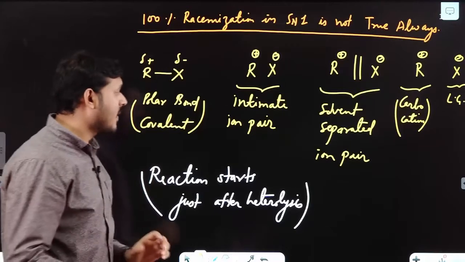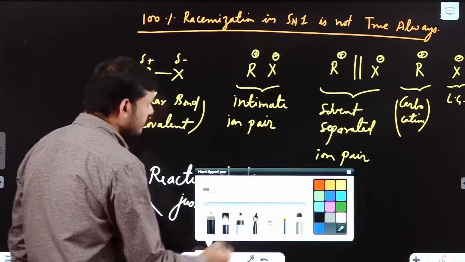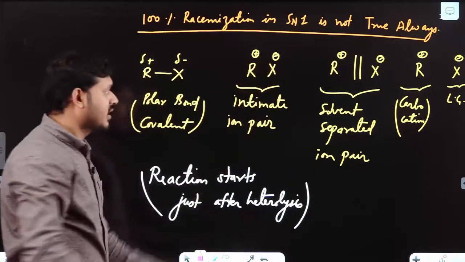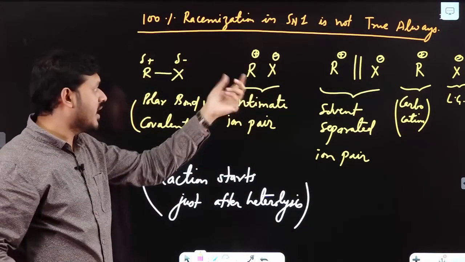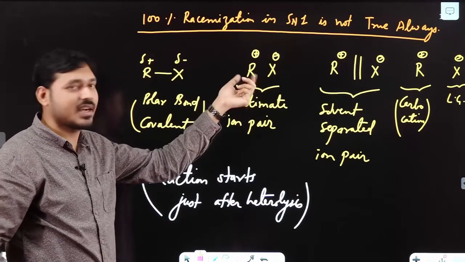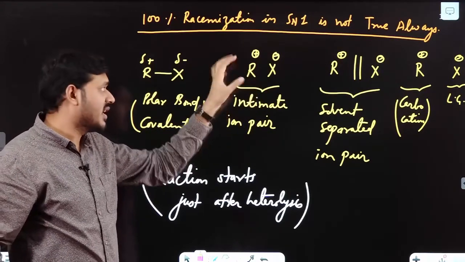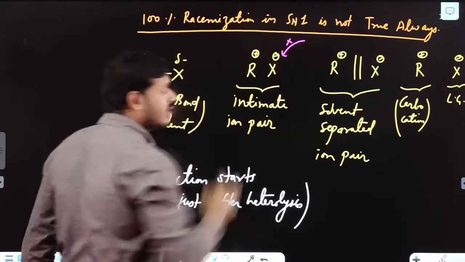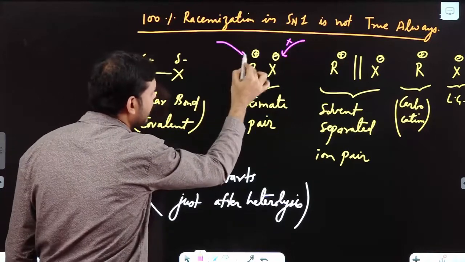Now understand how. Suppose you are telling attack occurs here. If water attacks when you are having an intimate ion pair, means they are attracted by electrostatic force of attraction. In this case what will happen? Attack cannot occur from this side. Okay, attack will occur from this side only.